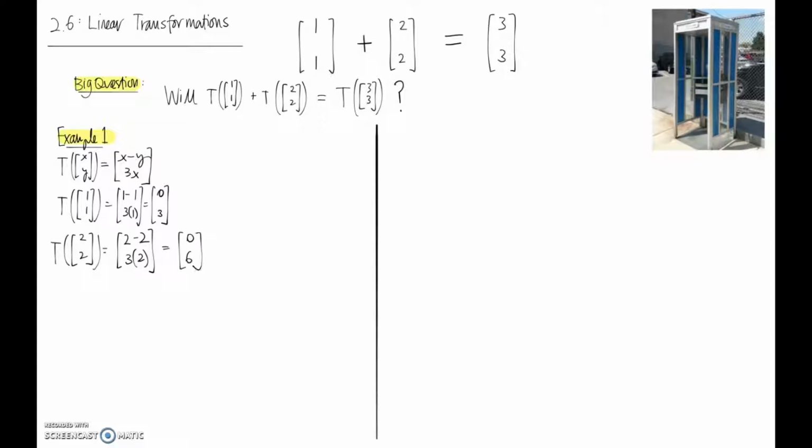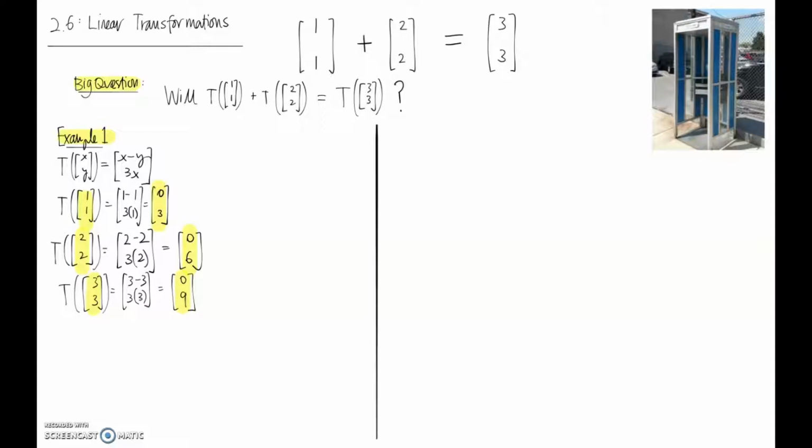And then the last one, (3, 3), is going to go to 3 minus 3, and then 3 times 3, which is (0, 9). These are the transformed vectors. So the vector (1, 1) through the transformation ended up at (0, 3). The vector (2, 2) through the transformation ended up at (0, 6). And (3, 3) went to (0, 9).